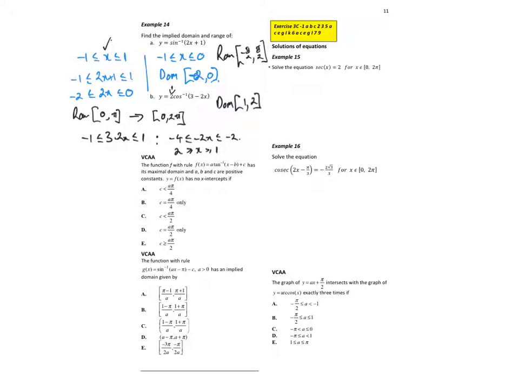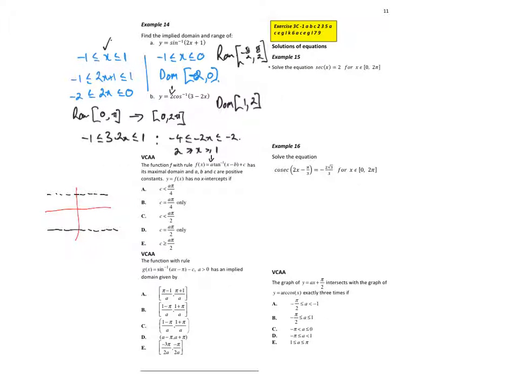All right. Let's try these VCAA questions. Rule with the equation has its maximal domain and A, B, and C are positive constants. It has no x-intercepts if. Well, let's think about the tan inverse graph. A increases the magnitude, doesn't it?